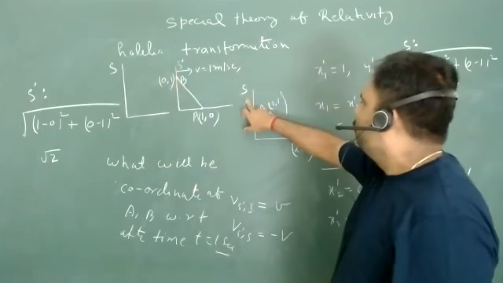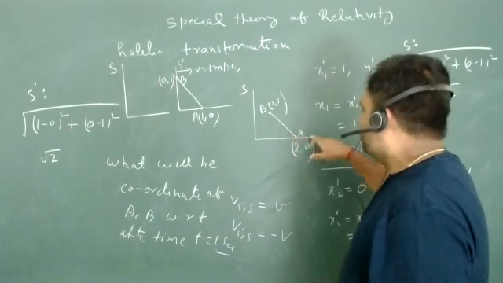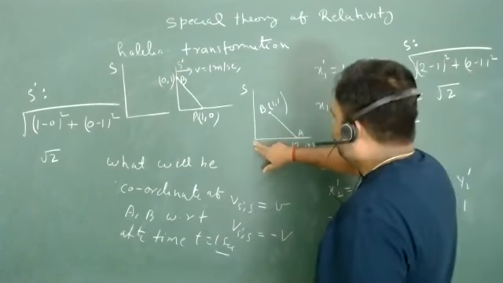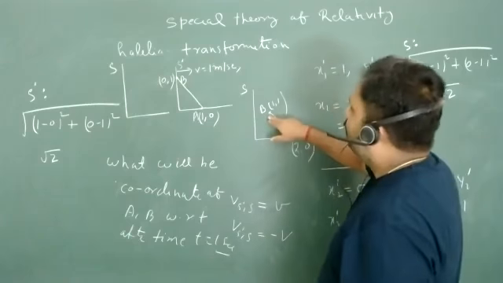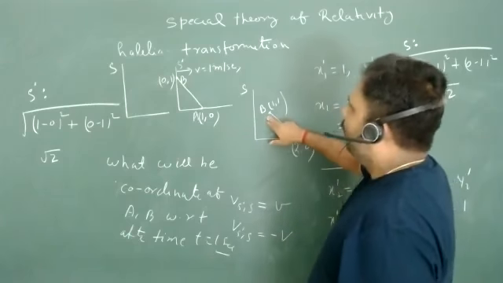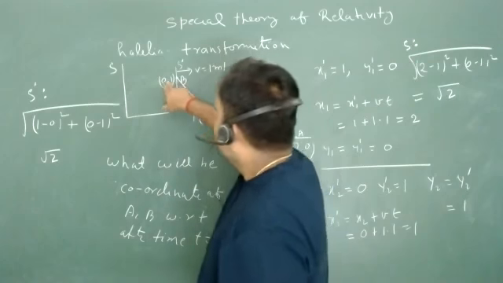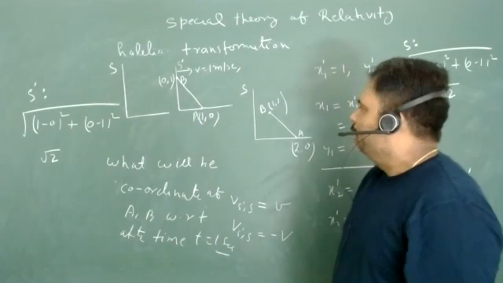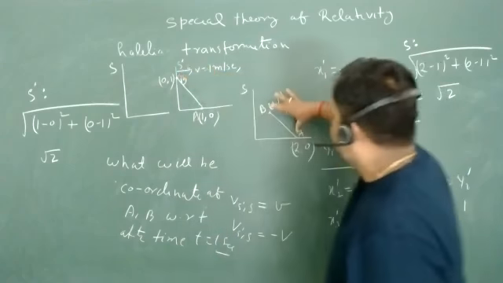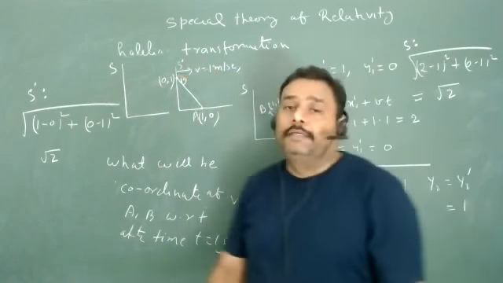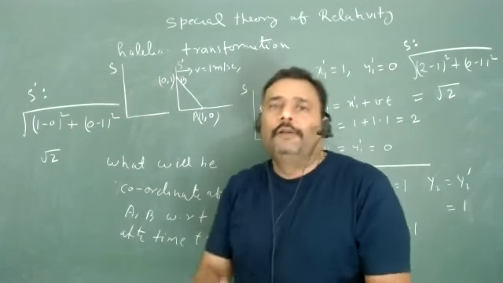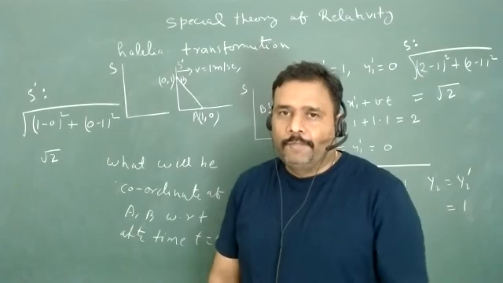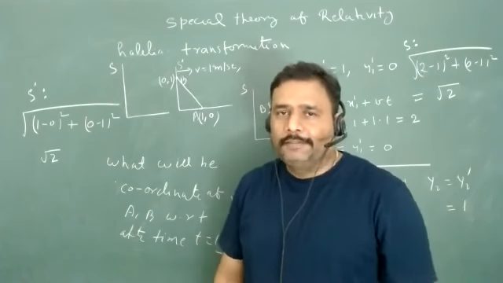But with respect to S, the point A is along the x-axis but shifts from the origin, and it is compensated by the point B, which shifts from the y-axis. But the best part is that these two distances are preserved. This is all about Galilean transformation.